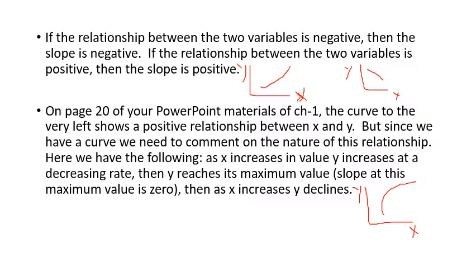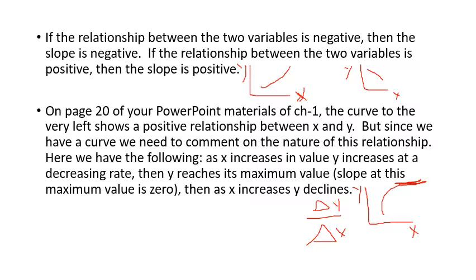Okay? It means that we have, in general, a positive slope. As x goes up, y goes up. But y goes up at a decreasing rate. Okay? Here we say that delta y divided by delta x, which is the slope, is positive, but as x goes up, y goes up at a decreasing rate, till you reach that point, at that point the slope will be 0.